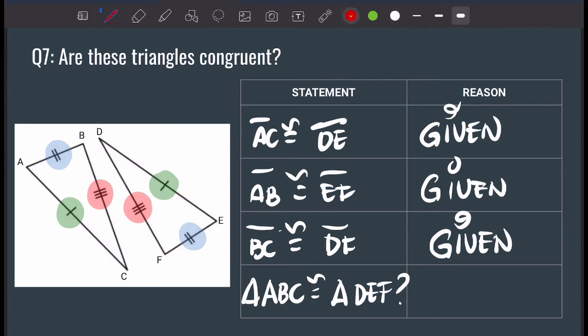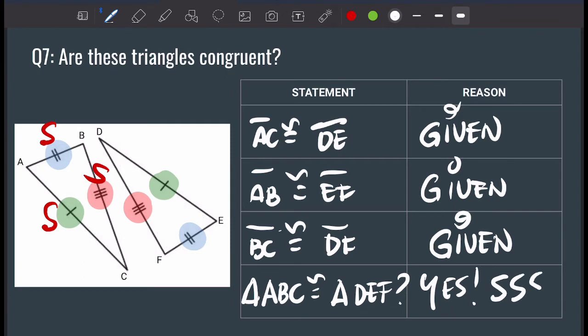Let's take a look. Side, side, side. Okay, so yes, because of the triangle congruence theorem, side, side, side. Remember, side, angle, side, side, side, side.